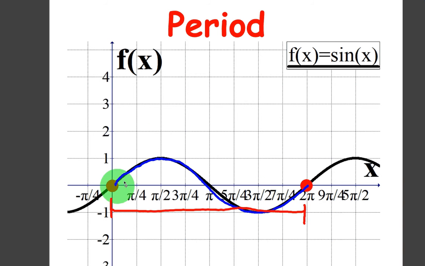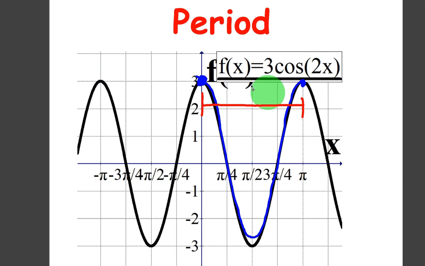Notice that in each case, this red line is the horizontal distance that it takes for the graph to repeat itself. And as I said, that distance is going to be the same no matter which 2 points you pick on the graph. For example, I can take this same red line and move it down here, and I still see that I'm in the middle of the wave here, right?